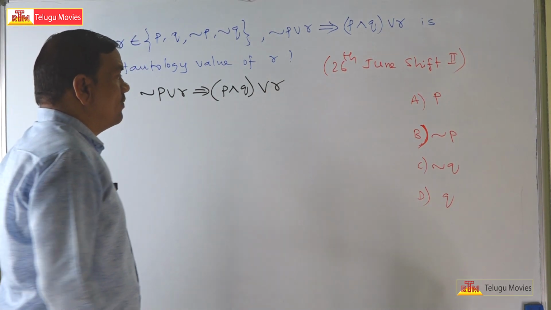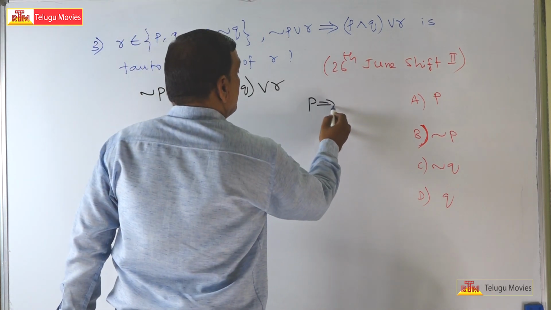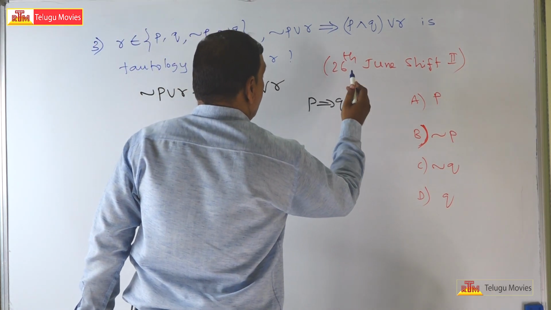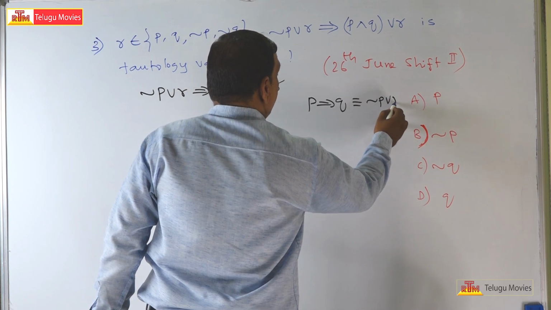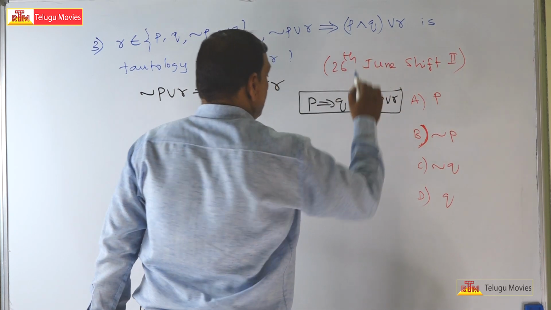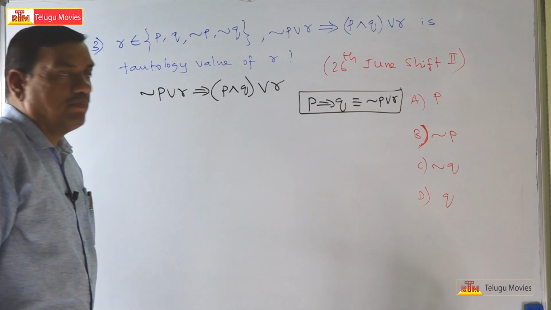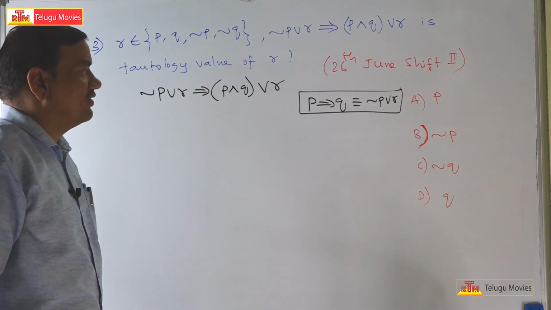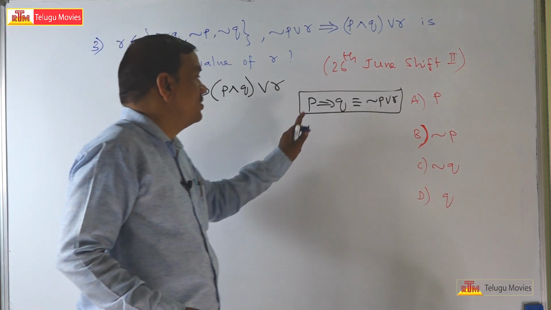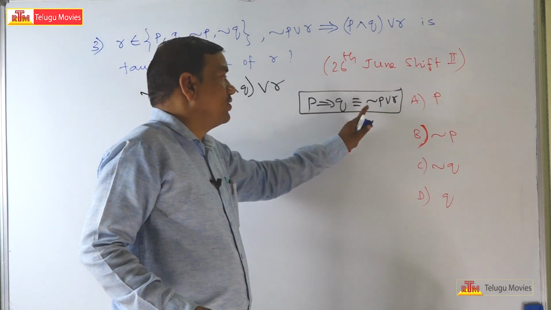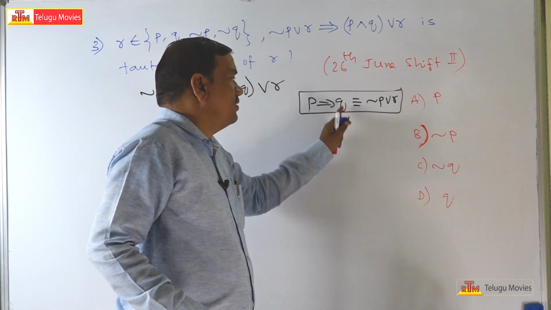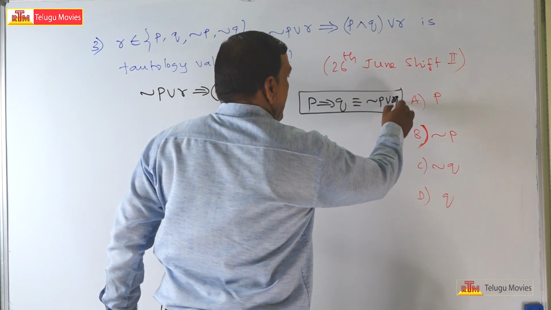We know the formula: P implies Q is logically equivalent to negation P or Q. That means for the first statement you have to write the negation, or the second statement as it is.